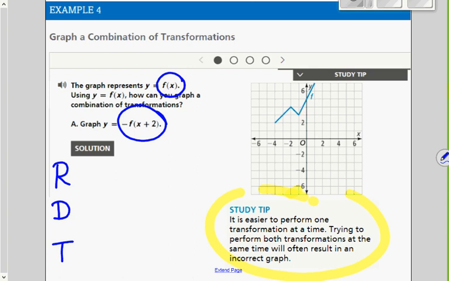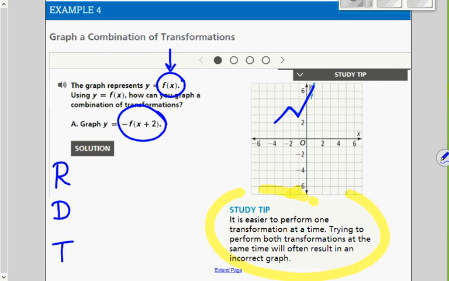Say that another way. F of x might be x squared. It might be the absolute value. I've said this before. It might be all kinds of different functions. This is just some generic function that, whatever the f of x was, it produced this picture.